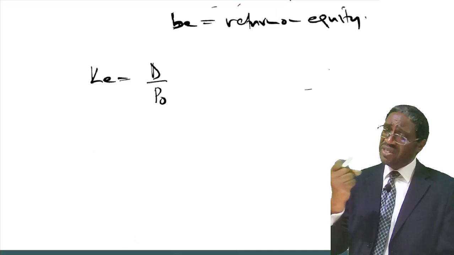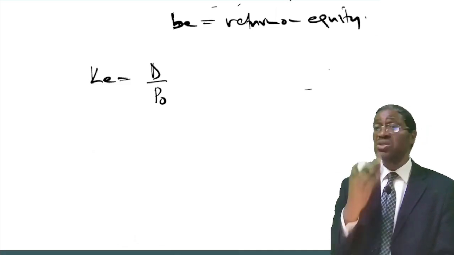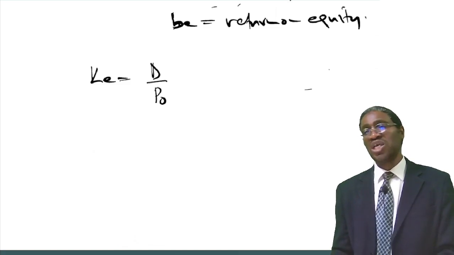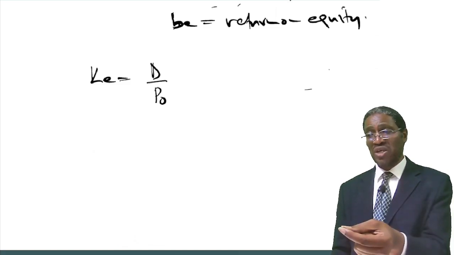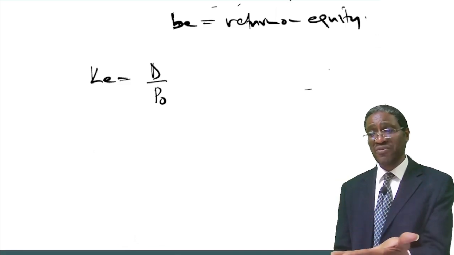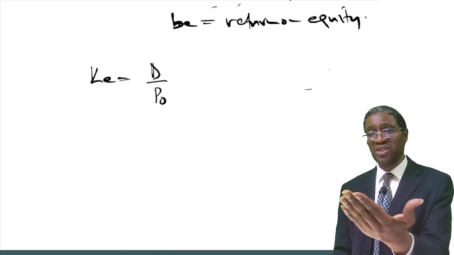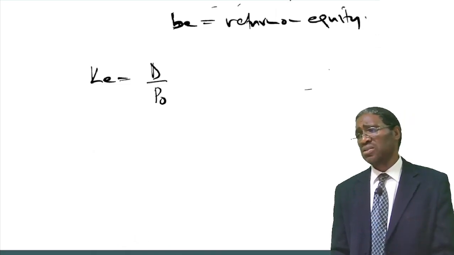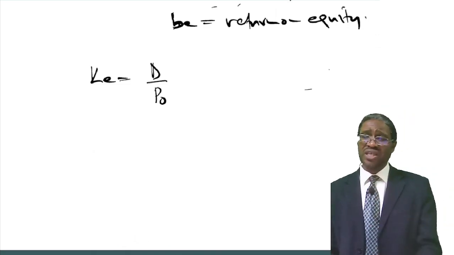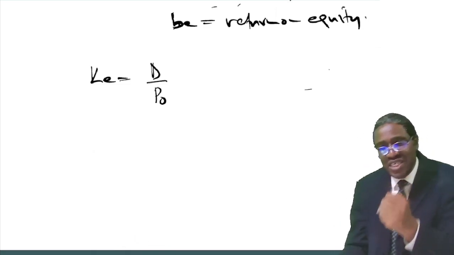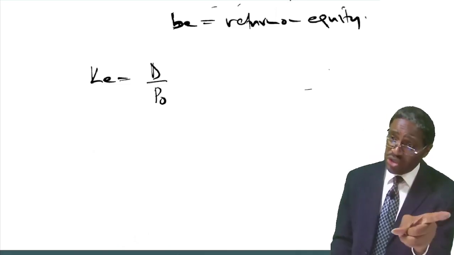What I as an investor am expecting as a return is D divided by market price, because if I'm paying 50 bob and I'm expecting 5 shillings as dividend, my return is 5 divided by 50, which is 10%. So that is my dividend yield, which becomes your cost as a company.